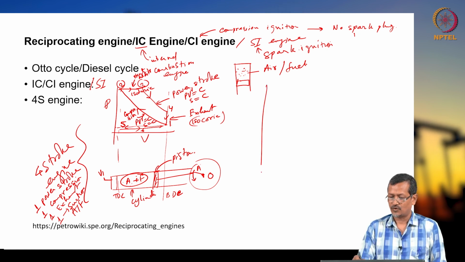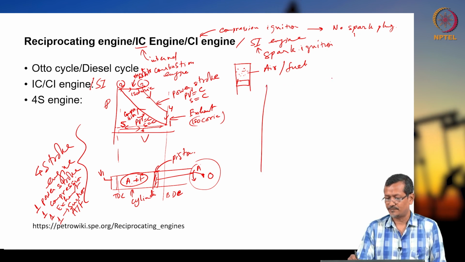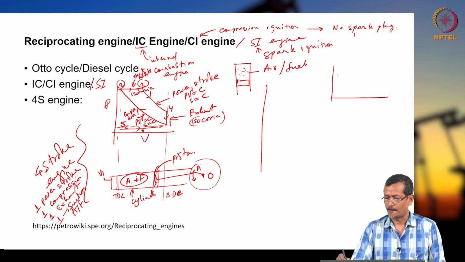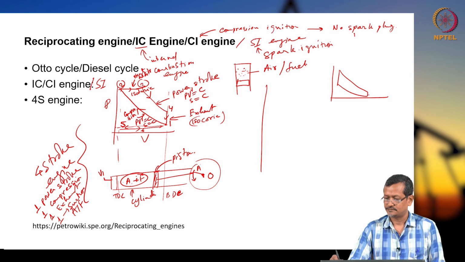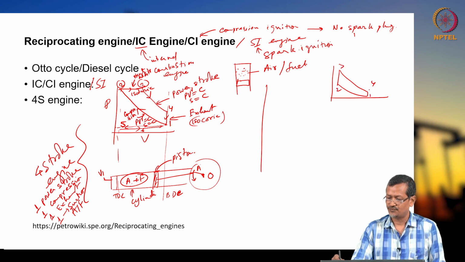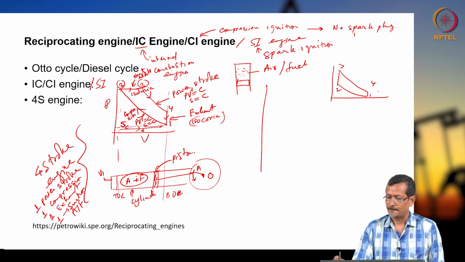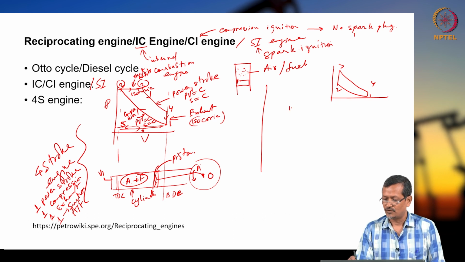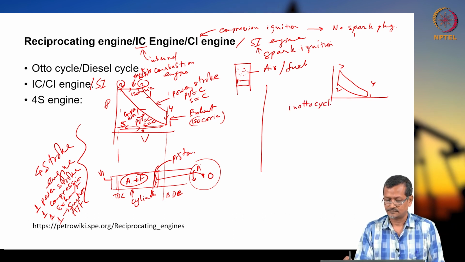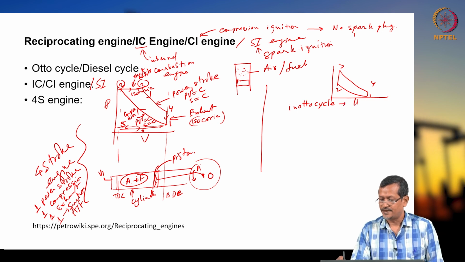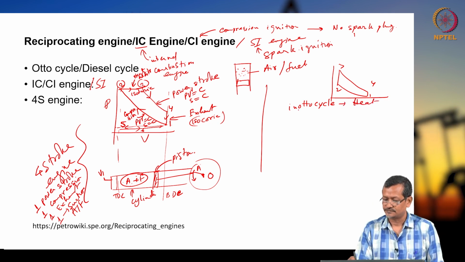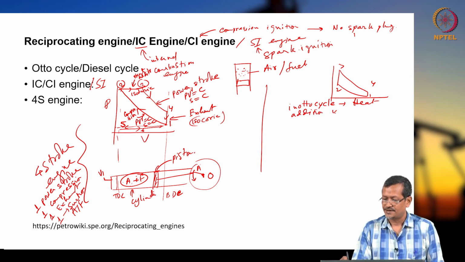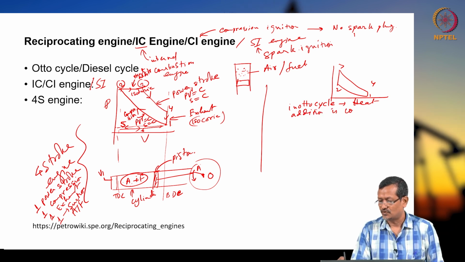Again, Otto cycle, diesel cycle. The Otto cycle PV diagram will be like this. 1, 2, 3, 4. So, in the Otto cycle, heat addition is at constant volume.